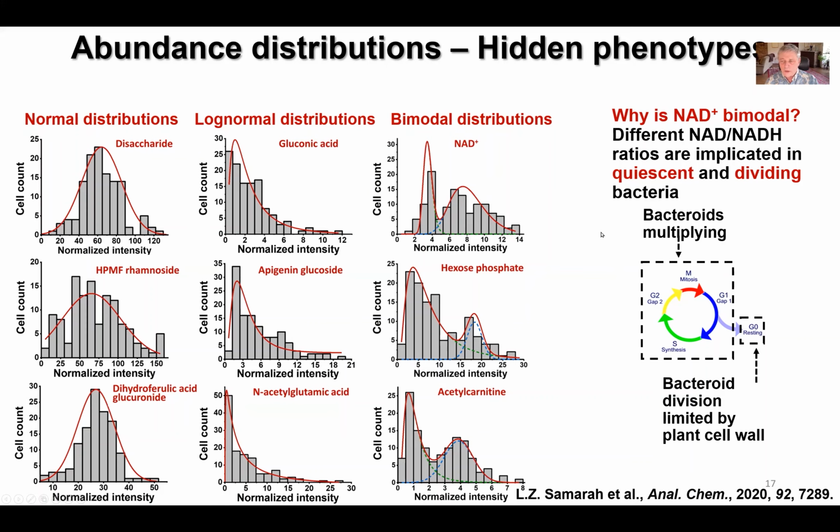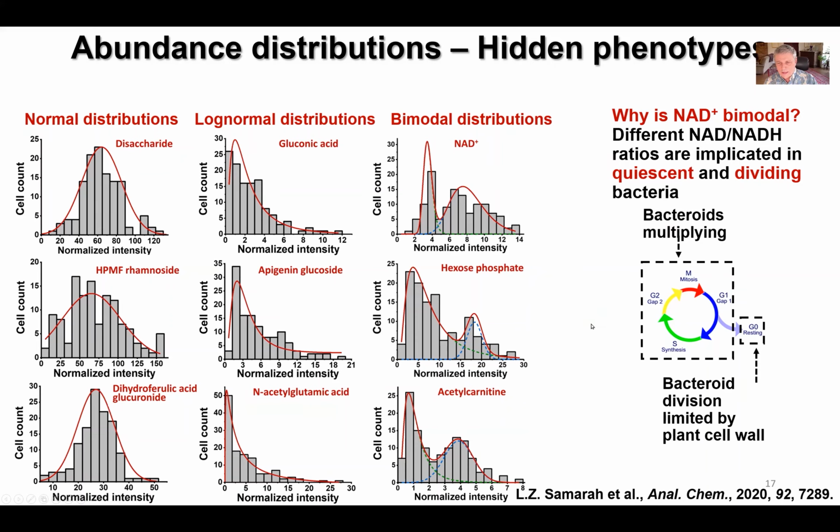If you go to the literature, you can find that the NAD+ to NADH ratio is different in quiescent cells and in dividing cells.